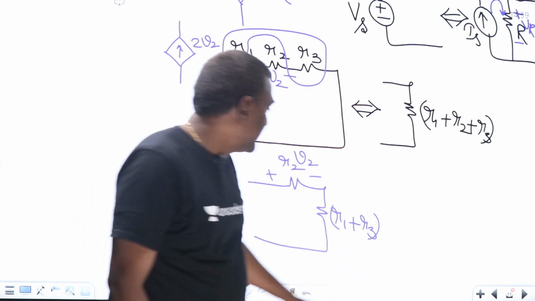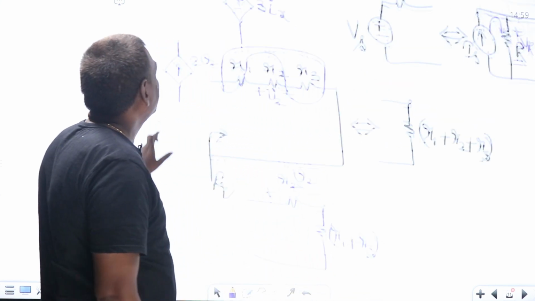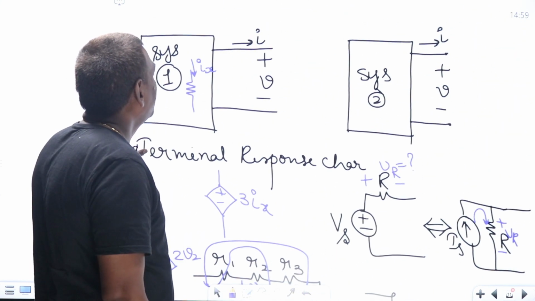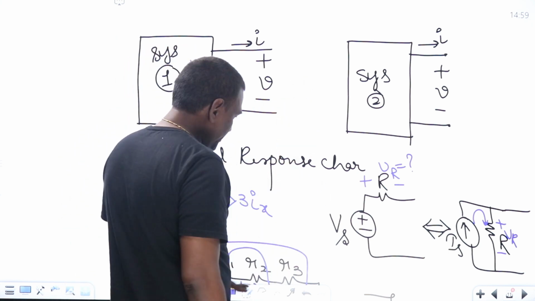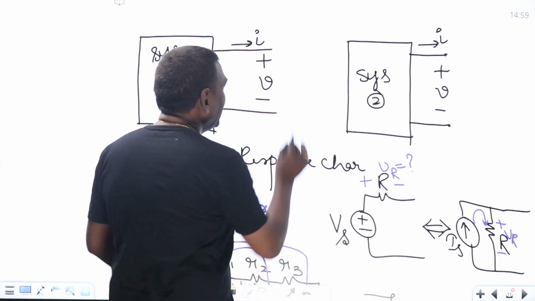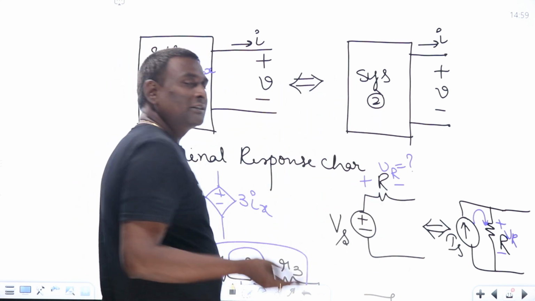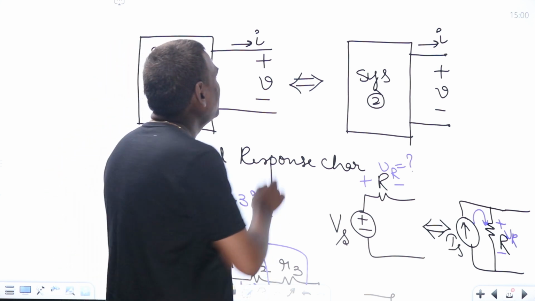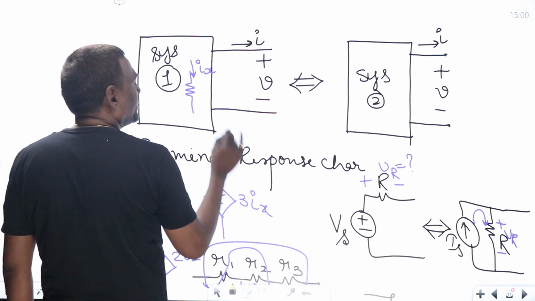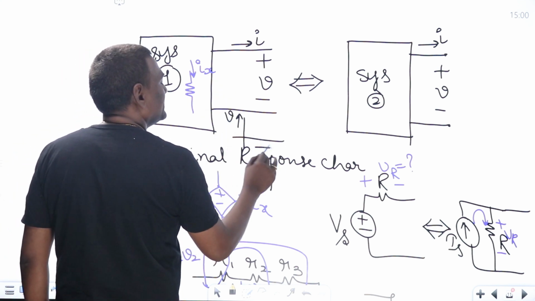Now, coming to the point, let us go back to equivalent circuits. So these are equivalent circuits, right? When can we say these are equivalent circuits? Provided terminal response characteristics of this particular system and this particular system should be same. Okay, this is voltage, this is current.